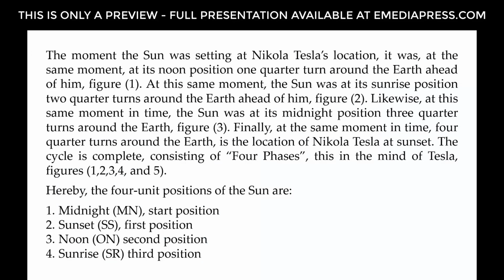In the mind of Tesla, the 4 unit phases, the 4 unit positions of the sun, are 1 for midnight, the start position, 2 for sunset, the first position, 3 for noon, the second position, and sunrise, the third position, and this will be the arch form that we'll build the polyphase mathematics upon.